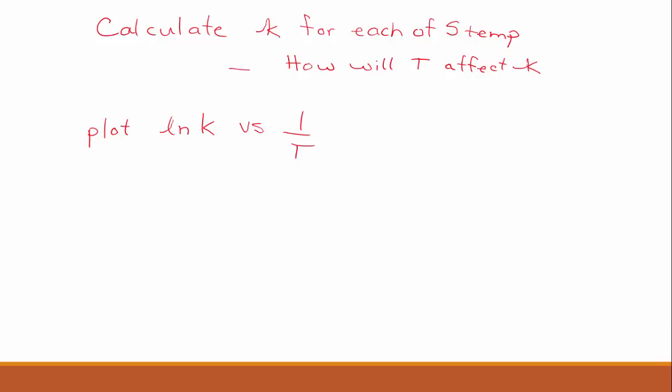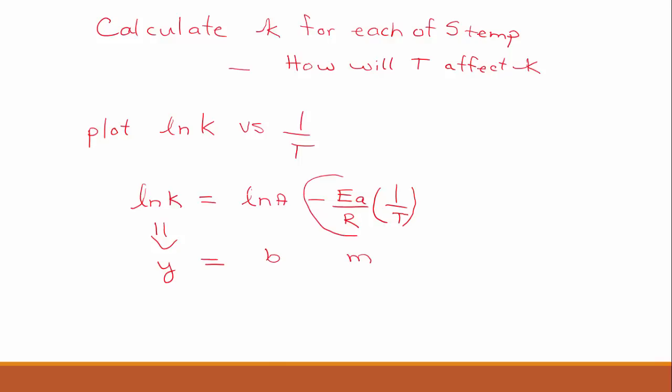From your textbook and lab manual, the equation, which should give you a straight line, is ln k equals ln A minus the activation energy divided by the gas constant R, multiplied by 1 over T. This is an equation for a straight line, y equals mx plus b: this is your b, this is your m, the slope, and this is your x.